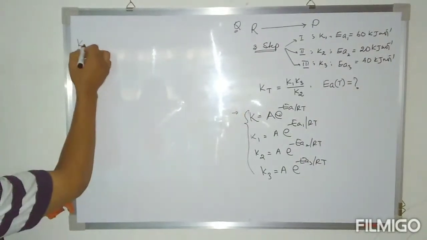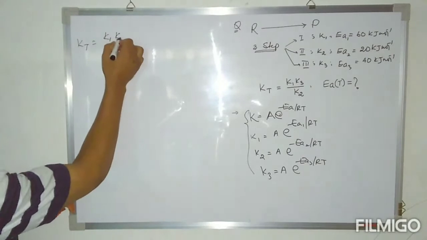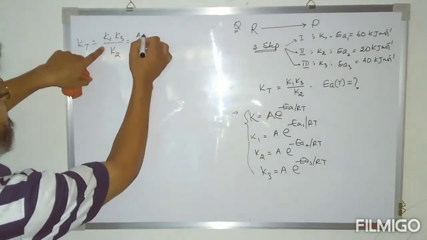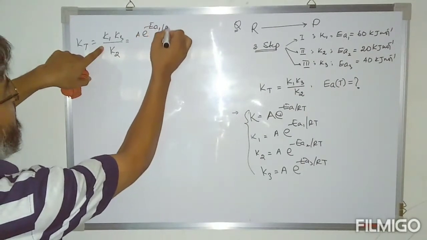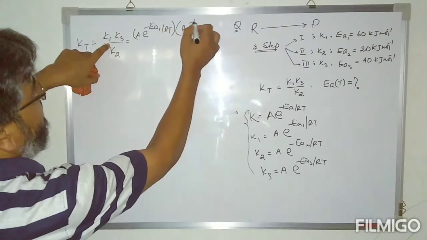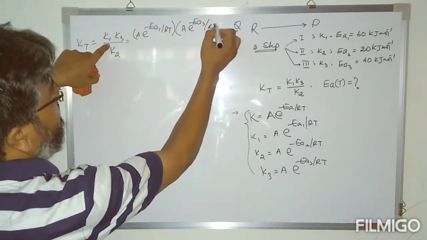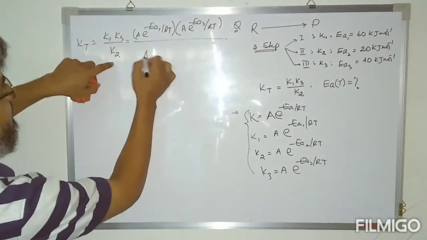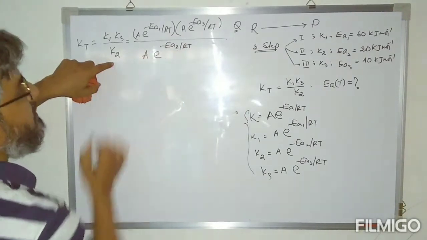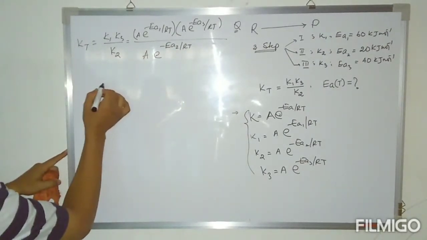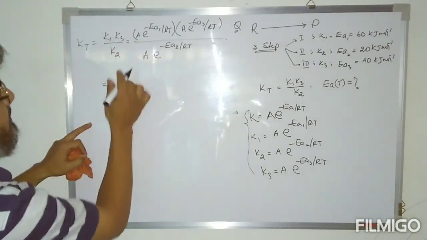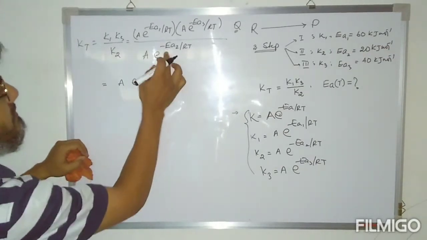Now the overall K is given as K1 K3 by K2. So we have A exponential minus EA1 by RT, times A exponential minus EA3 by RT, divided by A exponential minus EA2 by RT. So the exponential factor A exponential, and then minus 1 by RT times EA1 plus EA3 minus EA2.